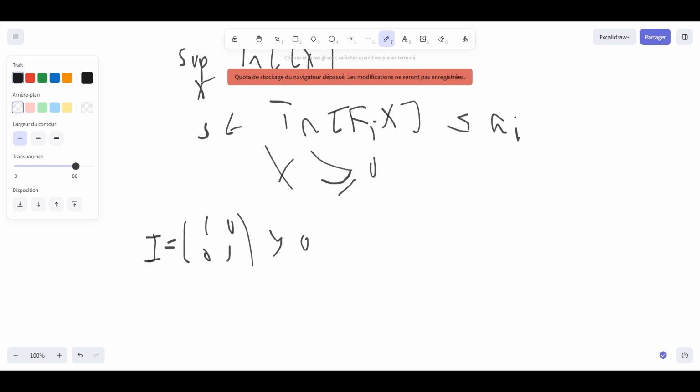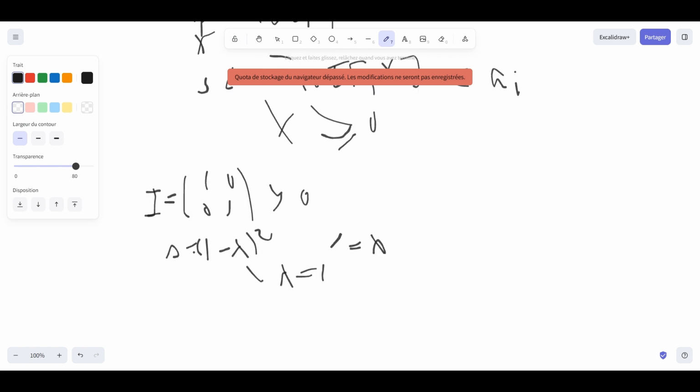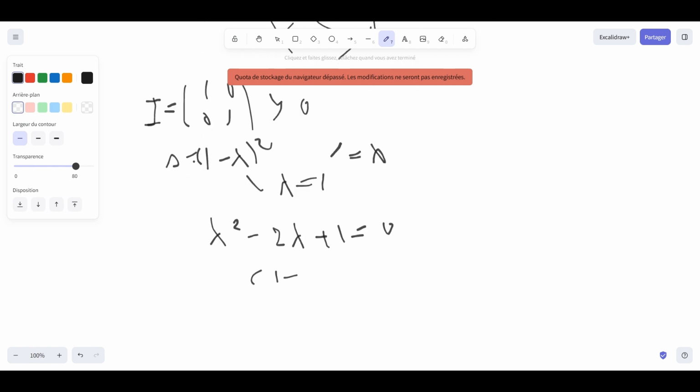I mean, which is positive, because if you take the determinant, it's 1 minus lambda squared. So lambda square minus 2 lambda plus 1 equals 0, and so just 1 minus lambda times 1 minus lambda equals 0.